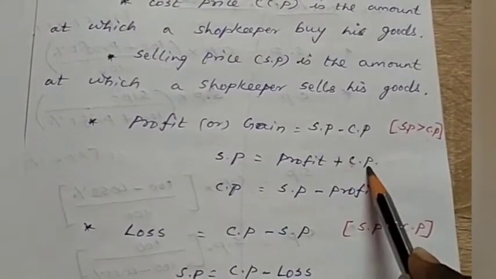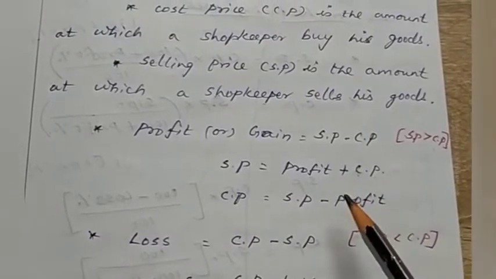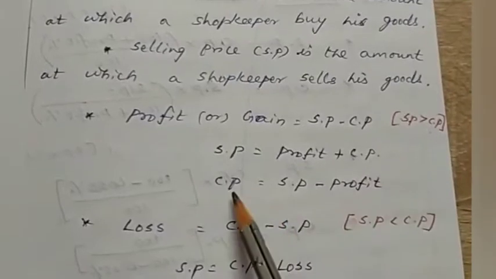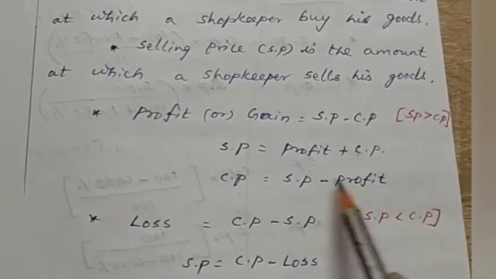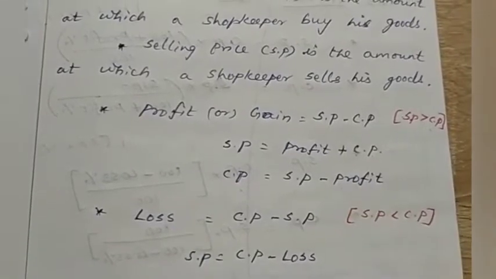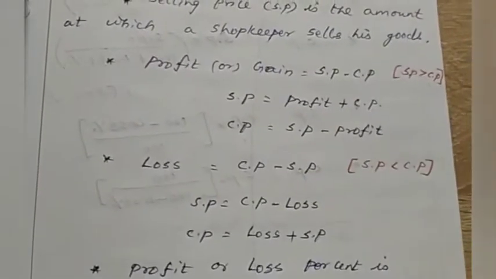To find the cost price, when selling price and profit are given, cost price is equal to selling price minus profit.